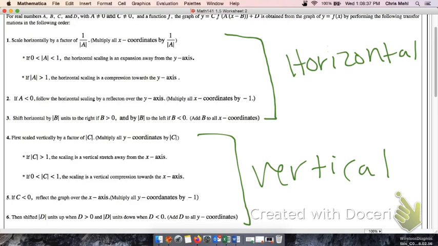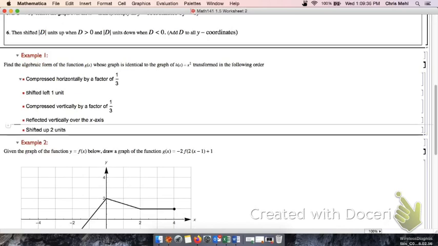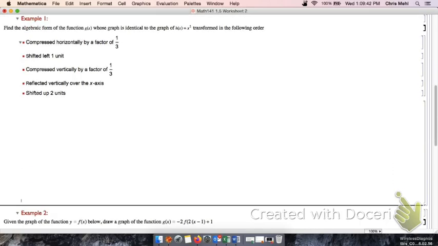Okay, so first example. I'm going to do this graphically, and then I'm going to do this algebraically. Example 1 says, find the algebraic form of the function g of x, whose graph is identical to the graph of h of x equals x squared, but transformed in the following order.